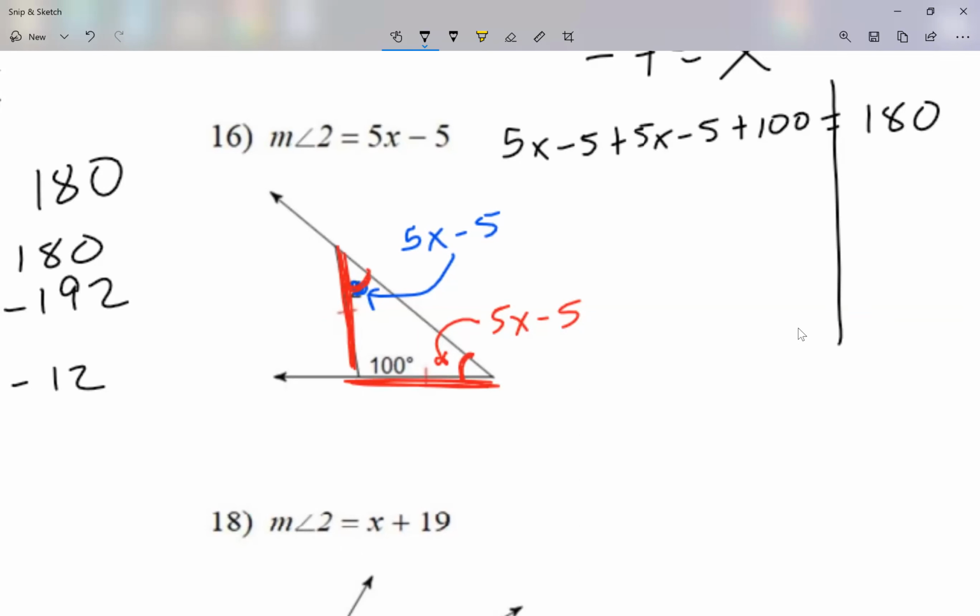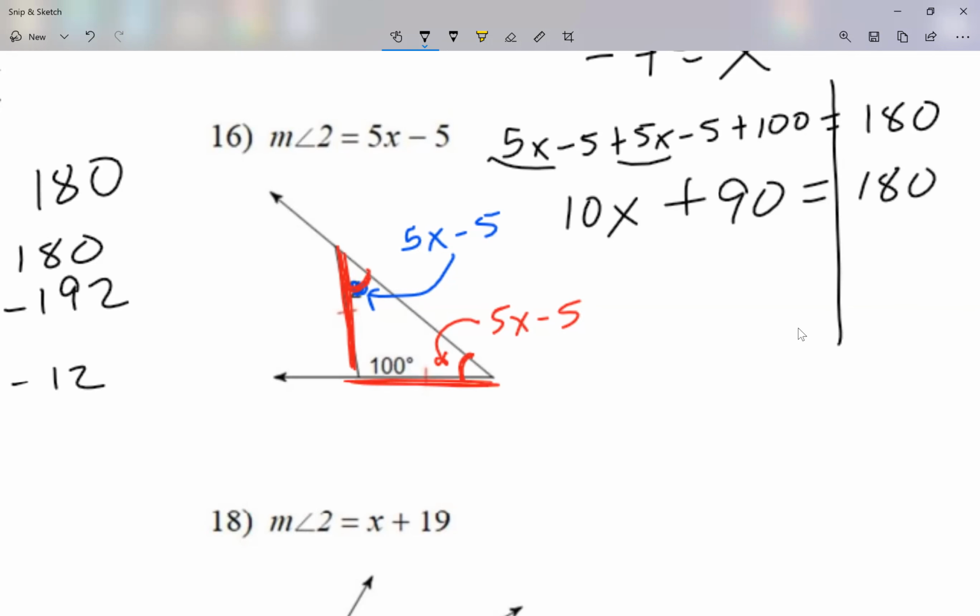Let me separate them through the equal sign. On the left side, let me combine my like terms. When it comes to letters, I see 5x plus 5x. Well, that's 10x. When it comes to numbers, I see negative 5 minus 5 plus 100. Well, that's 90, right? And all of this is equal to 180.